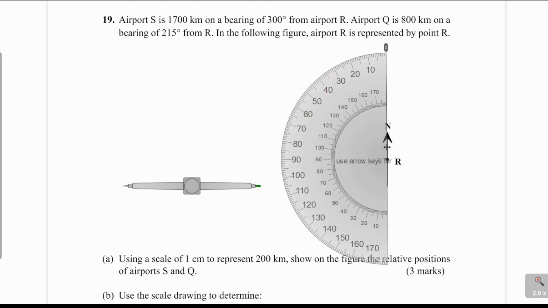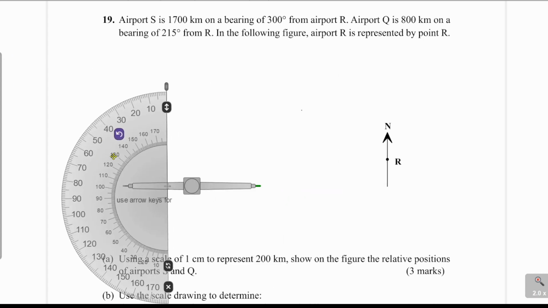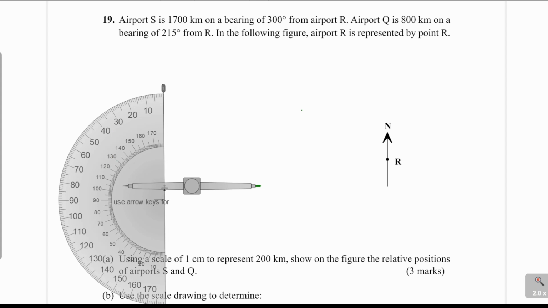So mark 60 there, and from there, using a straight line.